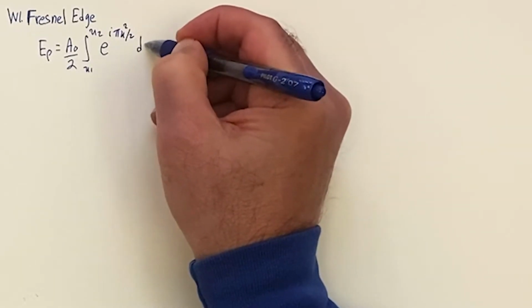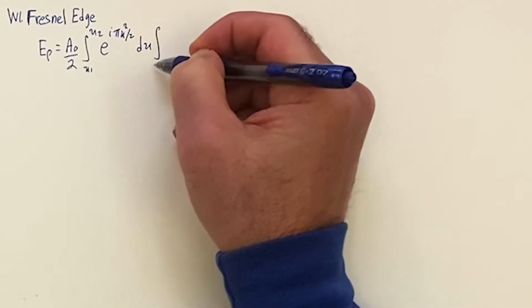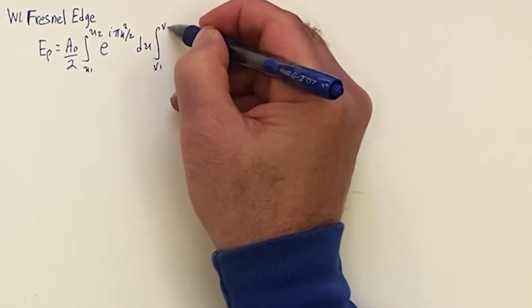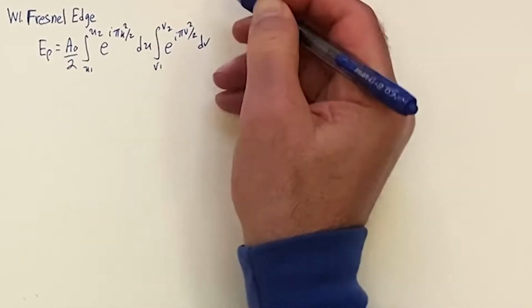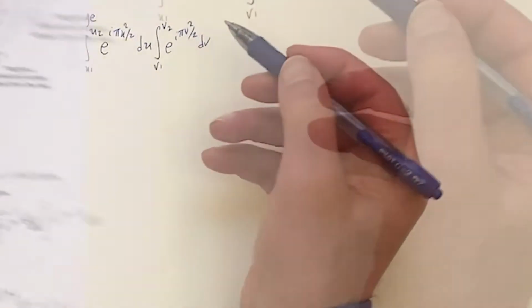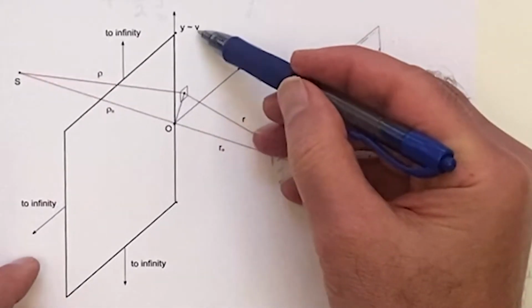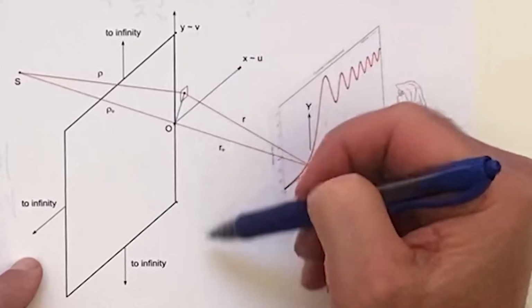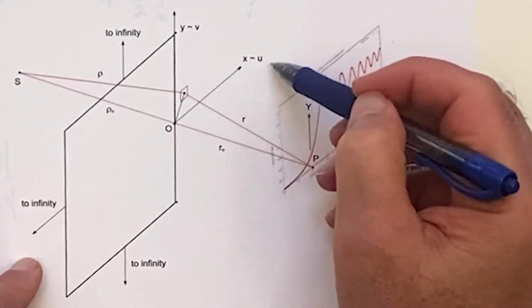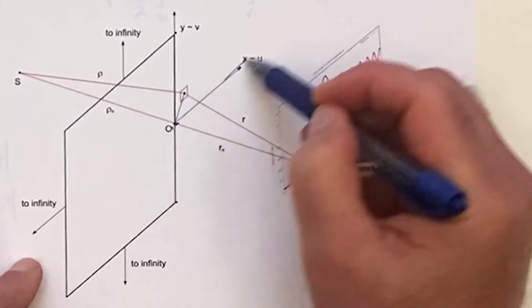So here is our general setup in the 2 dimensions. In this case, the v will go from minus infinity to plus infinity, but the u will go from 0 to infinity.